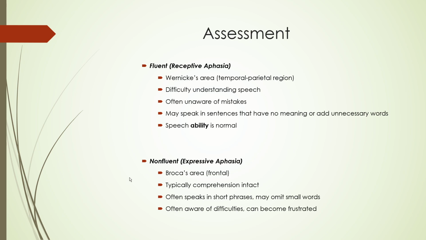We speak in full sentences, and they will often skip words like and, or, of, an, can, be, those small words that make a sentence full and complete. They oftentimes omit those or are unable to say those because of those expressive inabilities.